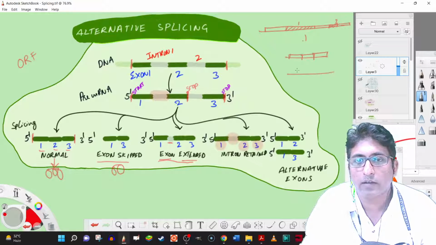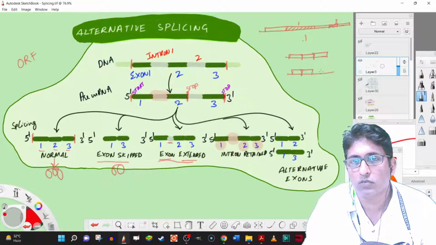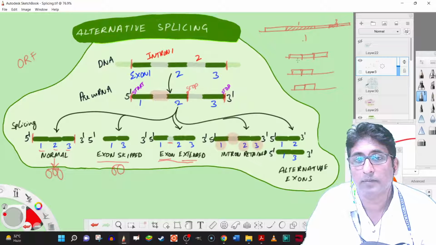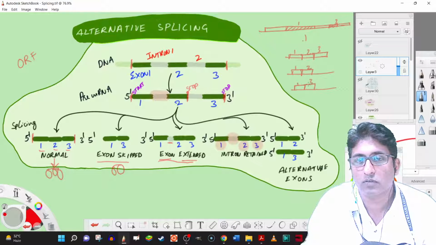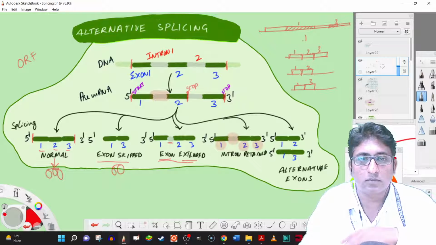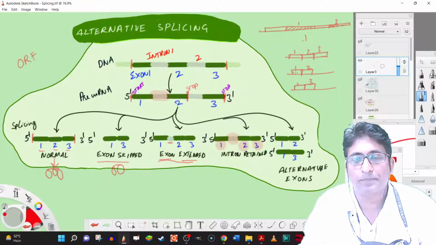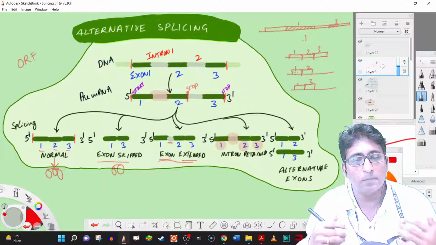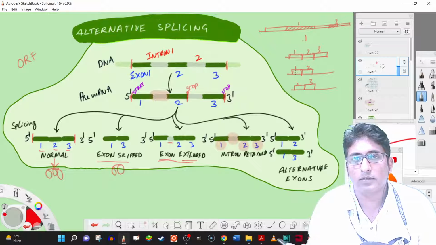We could also have exon 1 and 2. We could also have alternative exons, exon 1 and 3. I'll just write the numbers for reference. This is exon 1 and 2, and here we have exon 1 and 3. At the end of splicing of the exons, what we should always be aware of is that there should have been an open reading frame, because the ribosome doesn't care what it is translating.